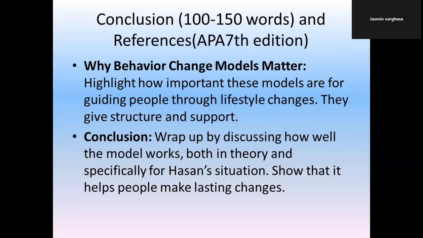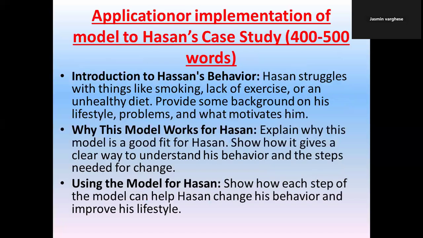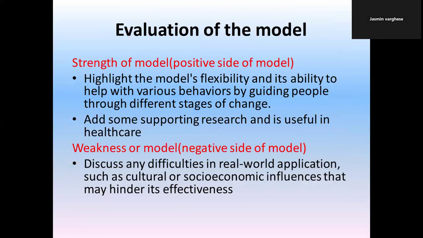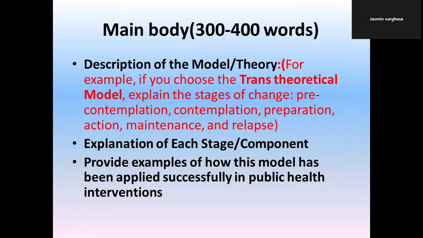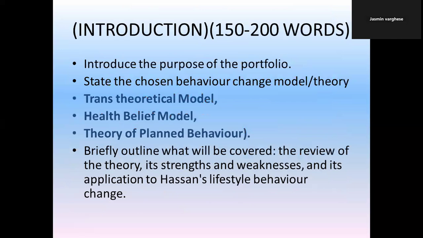For example, for a 1500-word portfolio, you can divide the words like this: conclusion 100 to 150 words, application of models to Hassan's case study 400 to 500 words, evaluation of the model and description of the model 300 to 400 words, and introduction 150 to 200 words.